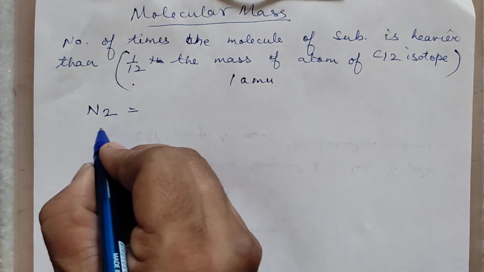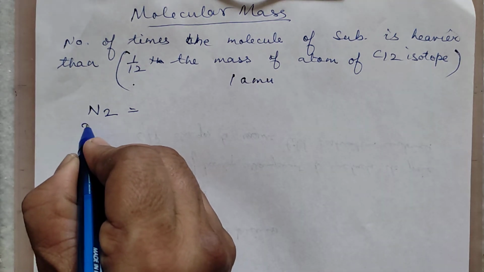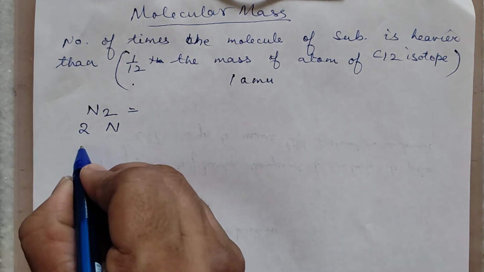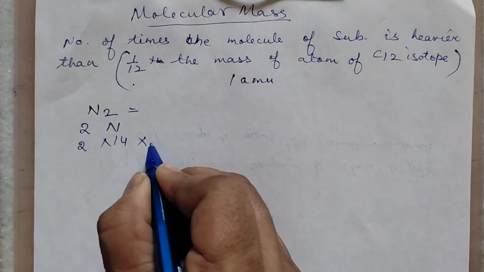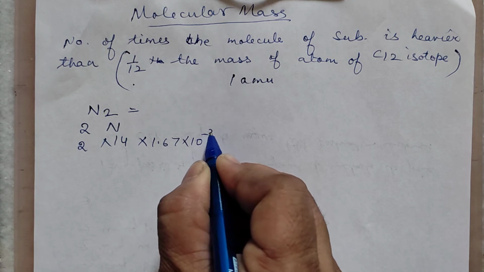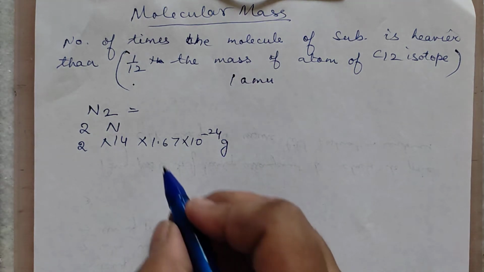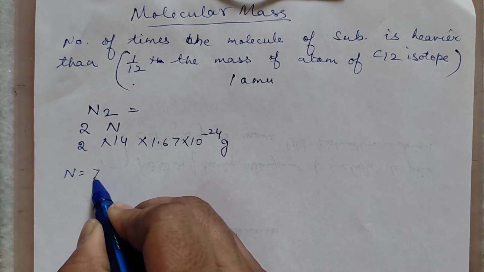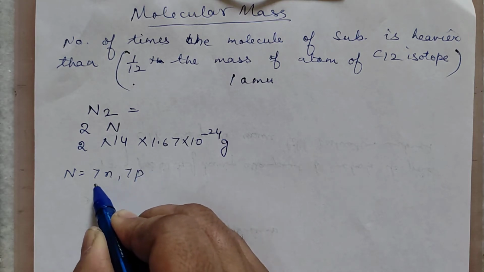We know, if we are writing in terms of grams or in AMU, one N2 molecule has 2 nitrogen atoms. That means it has 2 into 14 into 1.67 into 10 to the power minus 24 grams. Yes or no? Because one nitrogen atom has 7 neutrons and 7 protons, so put together 14.